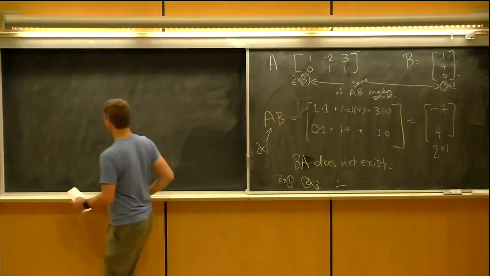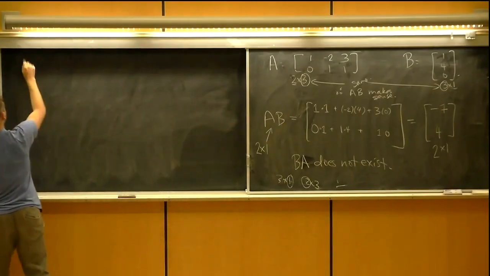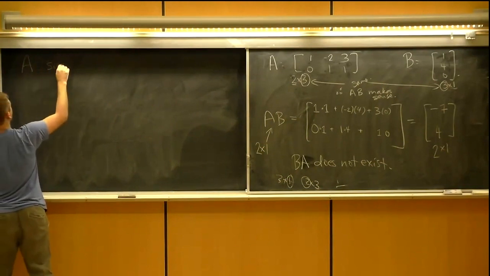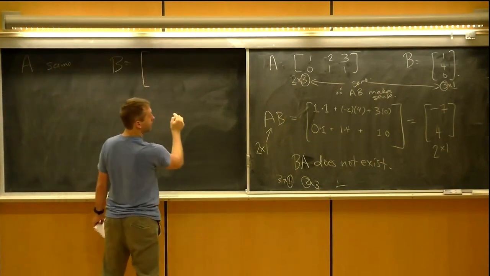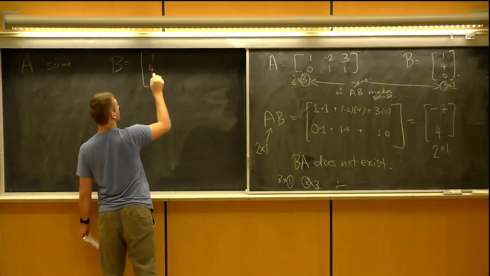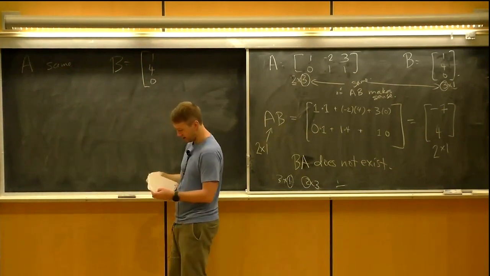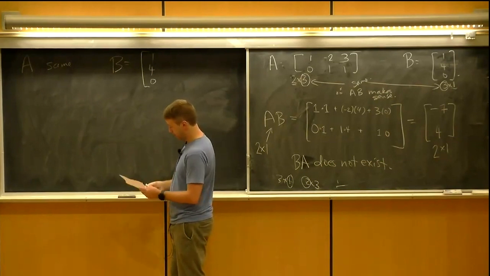Maybe I'll just add a little bit to this example. So let's say A is the same as before. But now for B, I'm just going to add another column. So 1, 4, 0, and then 0, 2, 3.